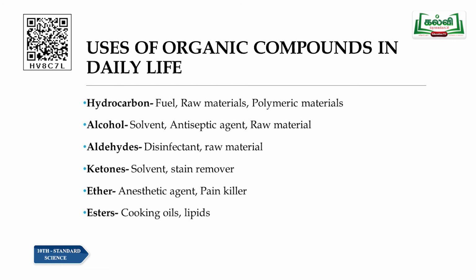And esters, which have the COO functional group, are present in cooking oils and in lipids, that is, in fats. The vegetable oil which we use in our day-to-day life is nothing but esters. And the main component of lipids is also esters.